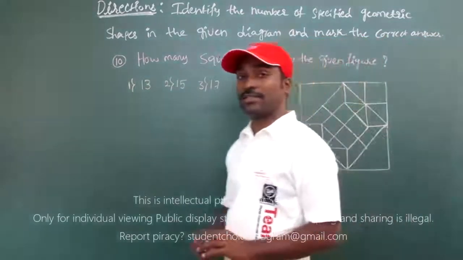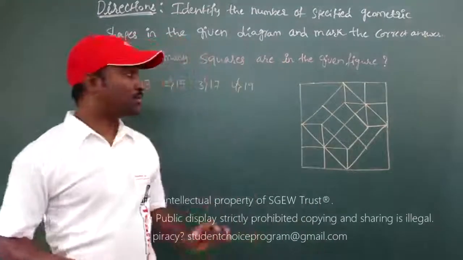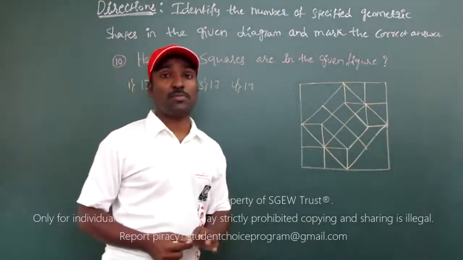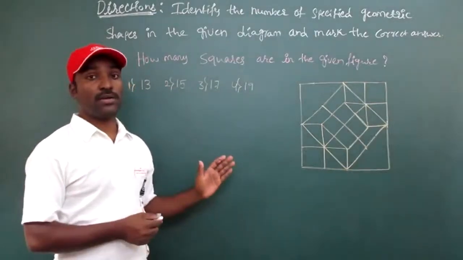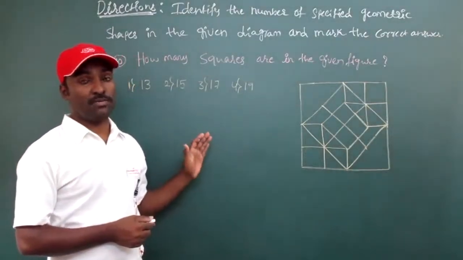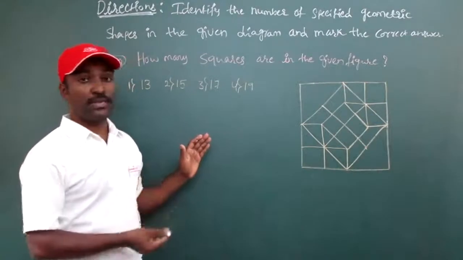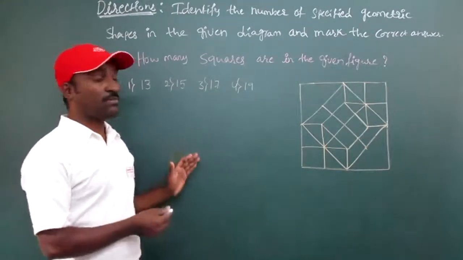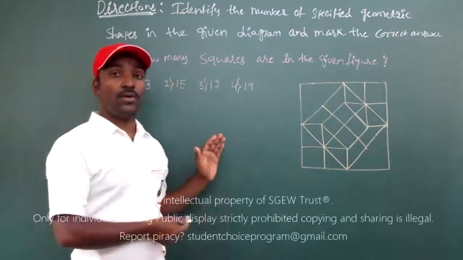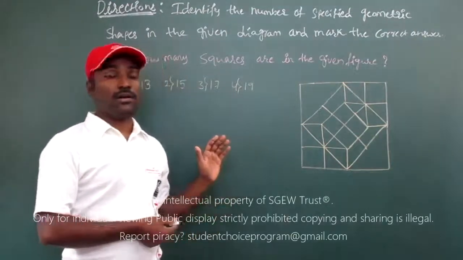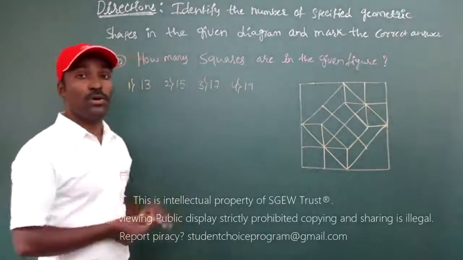In the previous example, I said that you have to give numbers to small parts and then check whether individual parts are going to give a specified shape, and then whether the combined parts are going to give the specified shape, and then start counting all the obtained shapes and then go to the options.